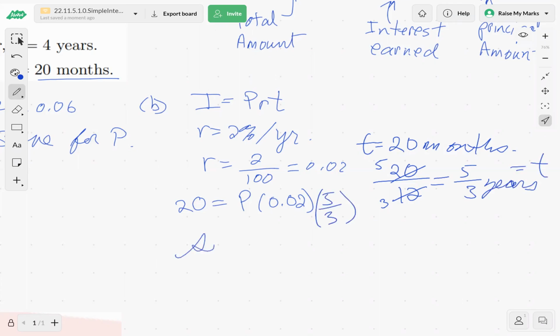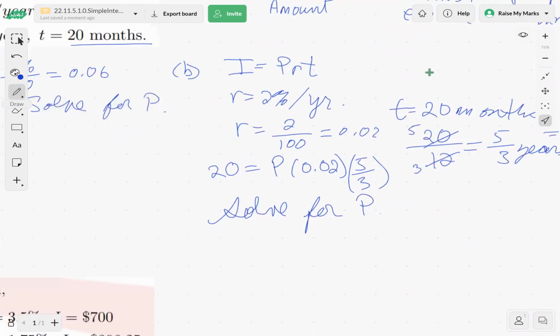Now solve for p. Let's cross multiply. We get 20 times 3/5 divided by 0.02. That's our p. Let's figure out what this equals. We cancel the 5, since 5 is a common factor in 5 and 20.